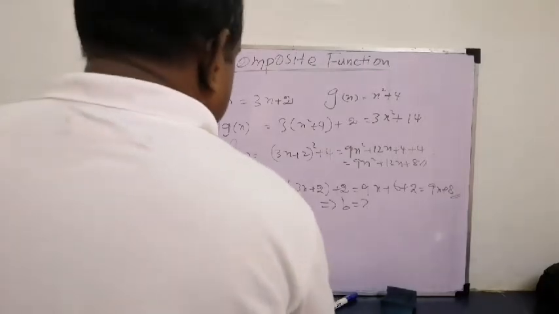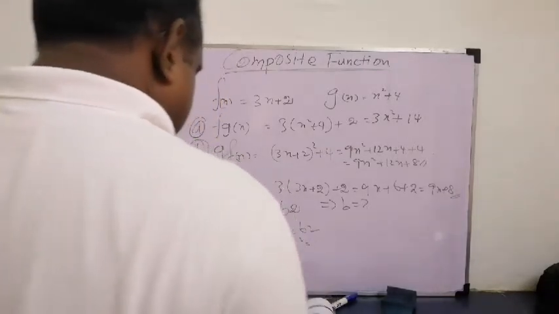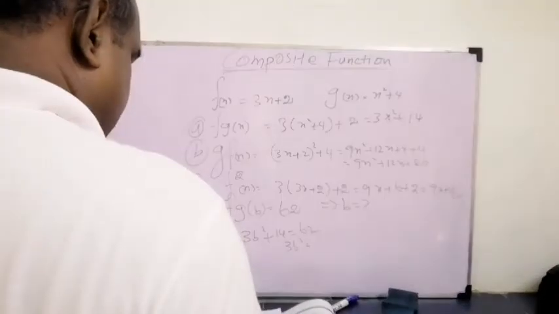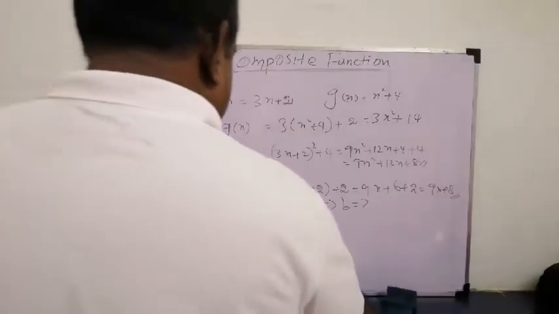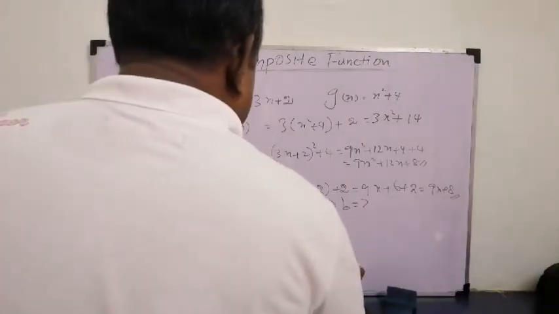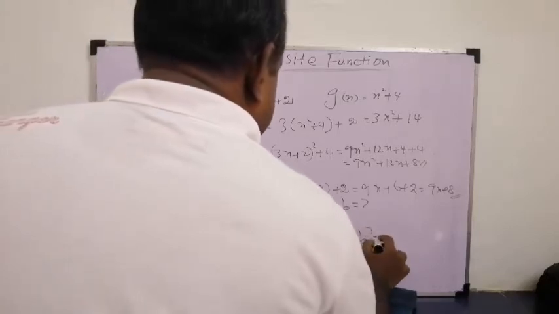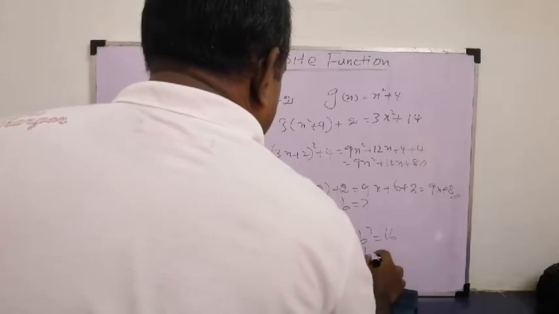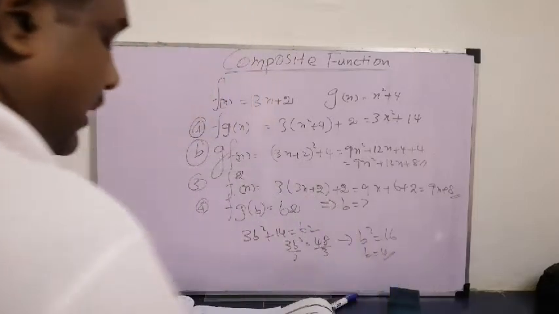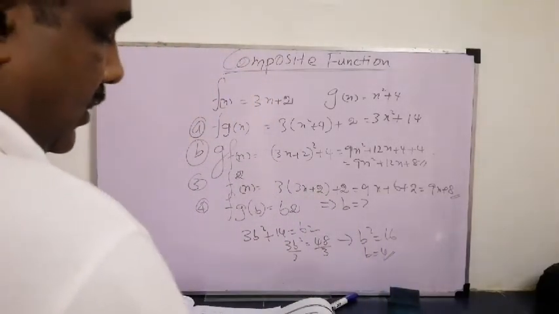From that you get 3b squared is going to be 62 minus 14, you get 48. Divide by 3, you get b squared is equal to 16, therefore b is equal to 4. We get it, b is equal to 4.